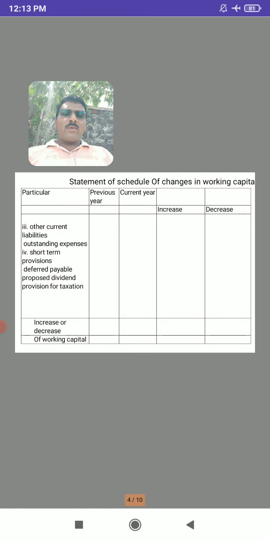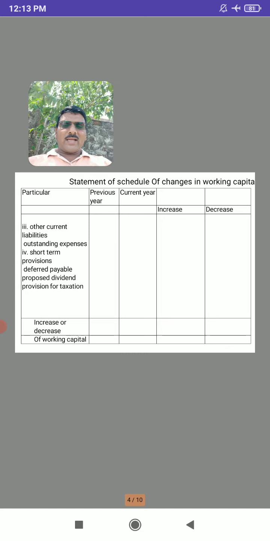Finally when we balance it, we get some balance carried on. Such balance carried on is called a decrease or increase in the value of working capital.